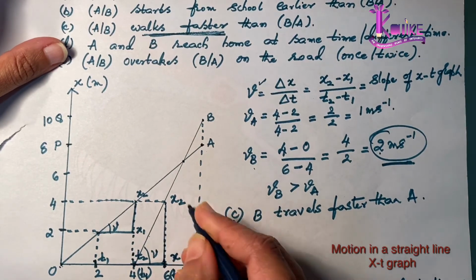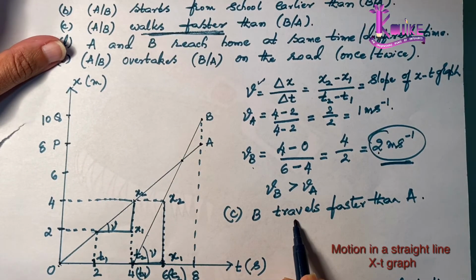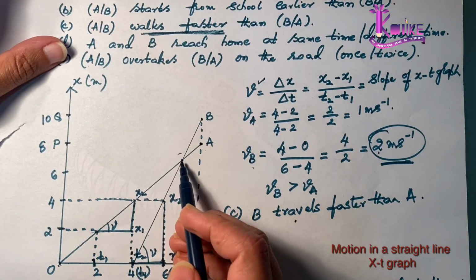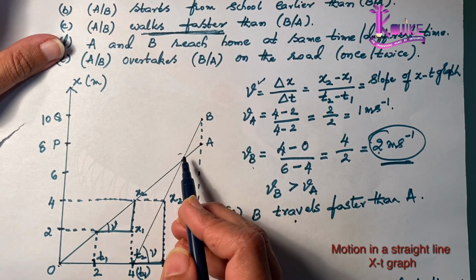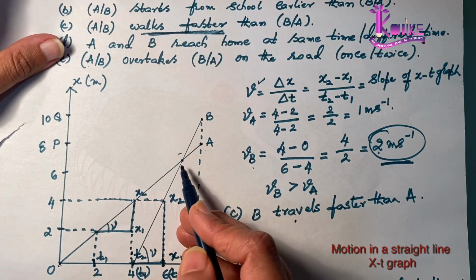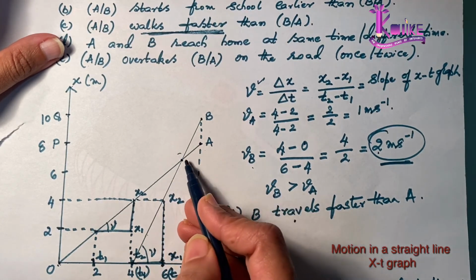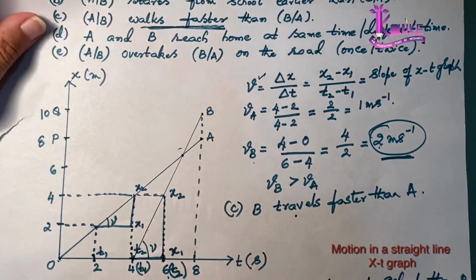Almost around 7 seconds. So since B is traveling with a greater speed or greater velocity, B must have overtaken A. There is no possibility of A overtaking B, since the one who travels with a greater speed will always overtake the other person. So B overtakes A how many times? Just once from the graph.